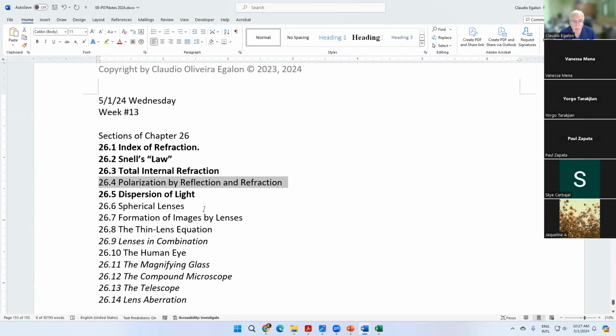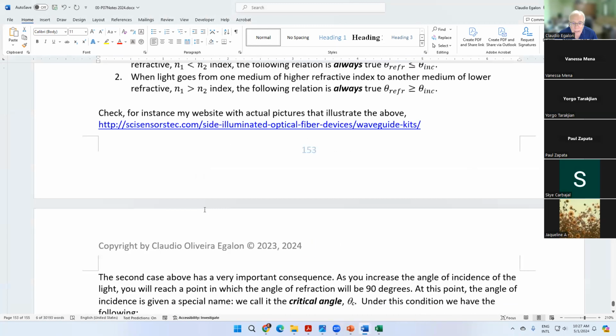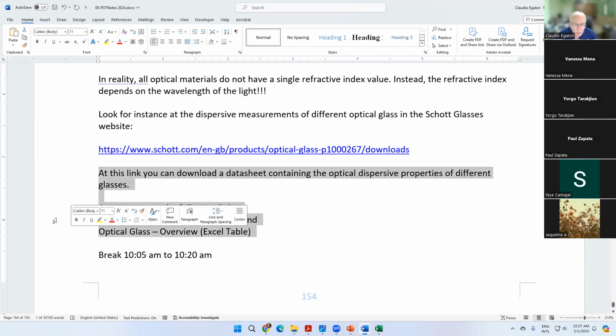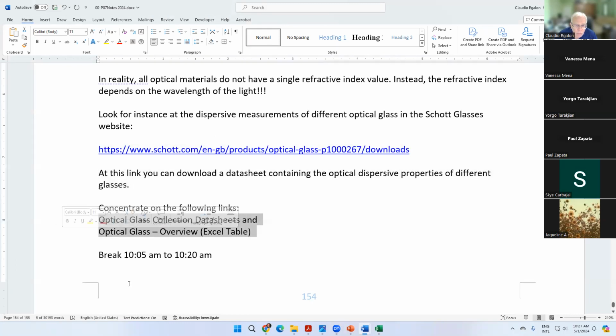And what else? I mentioned the Schott glass website, and you want to concentrate on those two parts of the website. Optical glass overview is an Excel table with all sorts of glasses and their refractive index and other optical properties. This is the collection of data sheets.